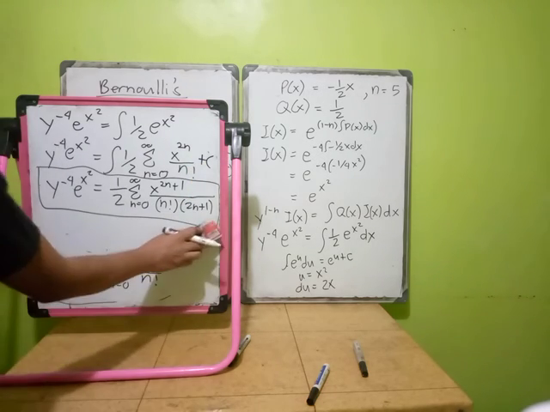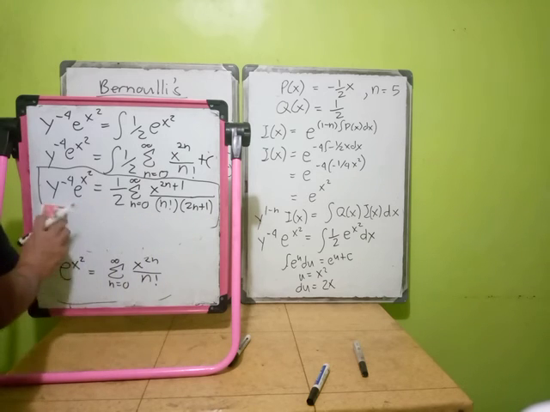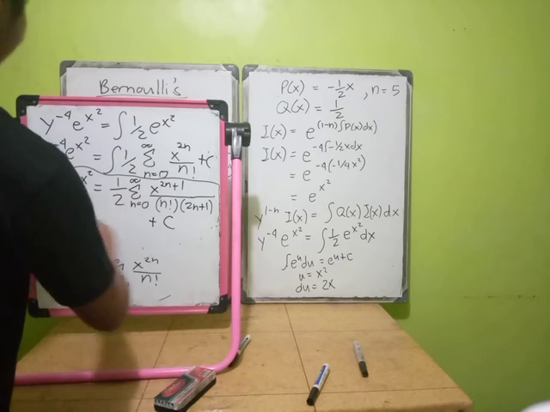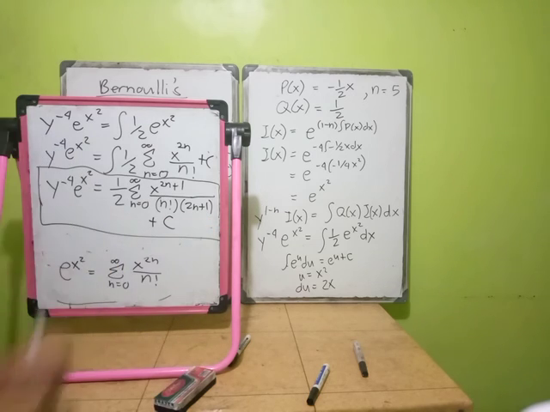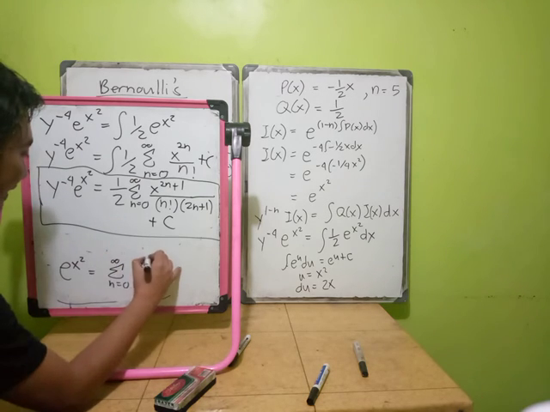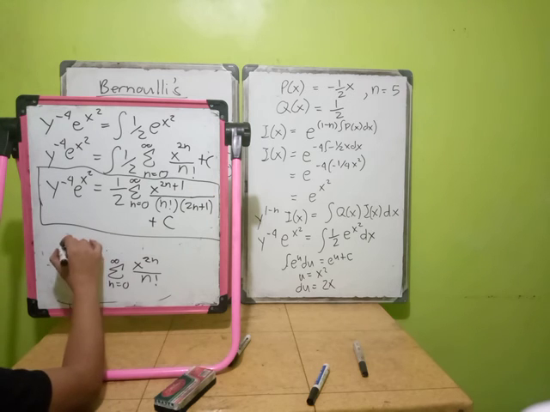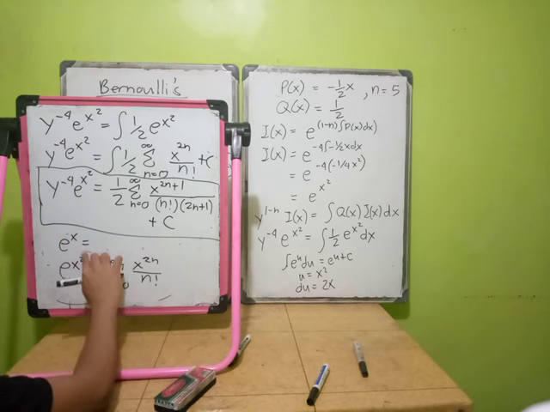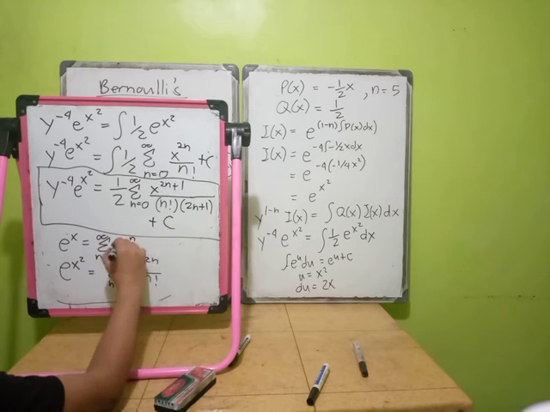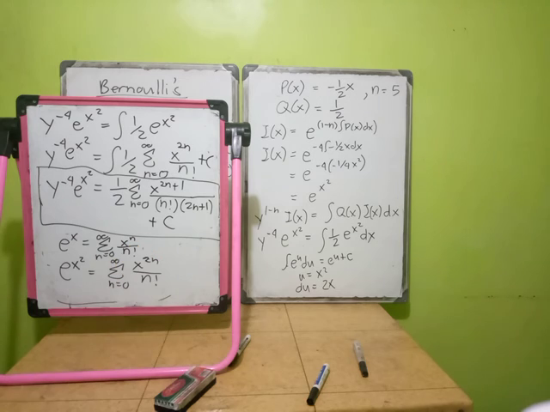Nakalimutan natin ang C. Yan yung madalas kong nalilimutan nung nag-aaral pa ako. Minusan ako dati ng teacher ko kasi kulang ng C. Dapat may plus C, constant. So, yan yung sagot natin. Please remember this relationship.